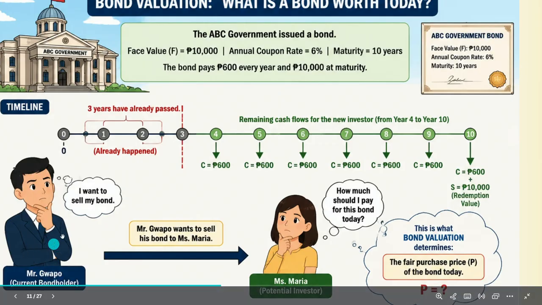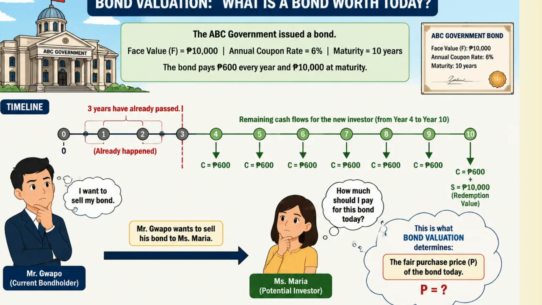Now, as you can see, Mr. Guapo here, the investor, nag-buy na siya ng bonds, di ba? And after 3 years, gusto na niyang ibenta yung bond niya. So meaning, sa 3 taon, may natitira pang 6 years and the redemption value, di ba? May makukuha pagkatapos ng 10 years.